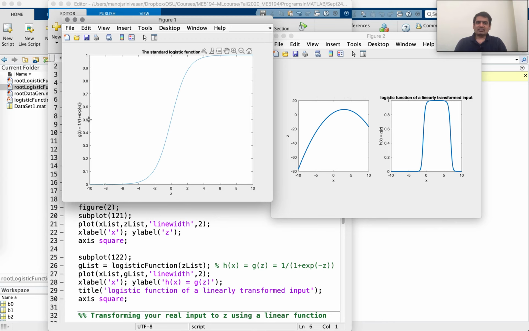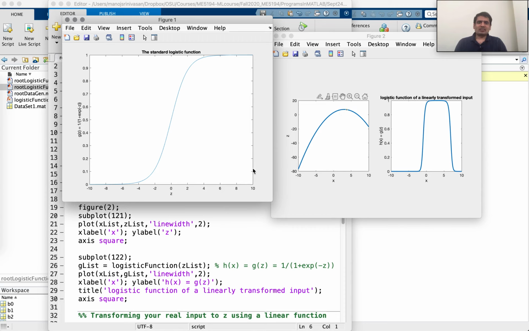When z is very negative, g is basically 0. And then here, when x is very positive, z is again negative, so g is again 0. So when x is very negative or very positive, z is negative and h is basically 0. And then for a brief period, z becomes greater than 0 here.